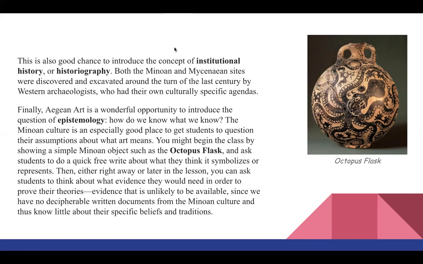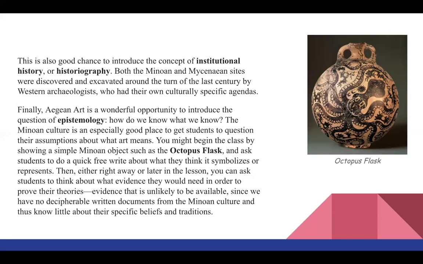The Minoan culture is an especially good place to get students to question their assumptions about what art means. You might begin the class by showing a simple Minoan object, such as the octopus flask, which is shown on the right side, and ask students to do a quick free write about what they think it symbolizes or represents.